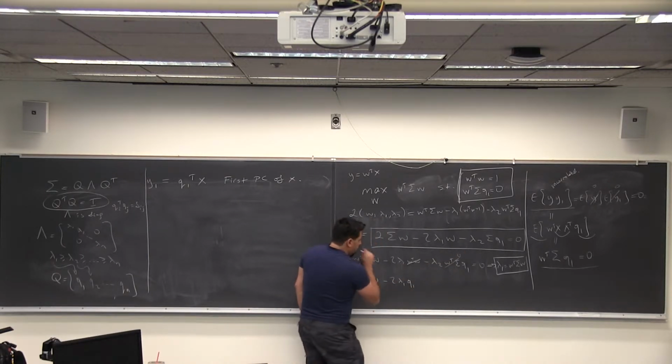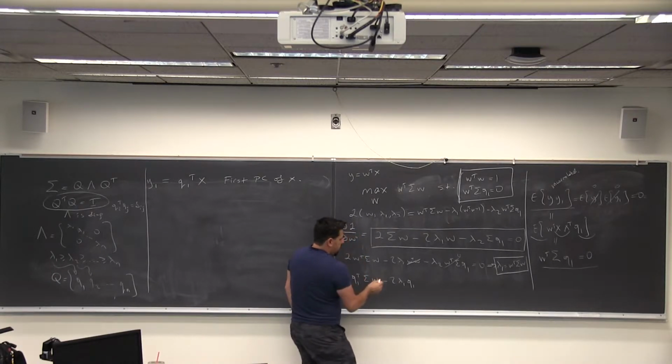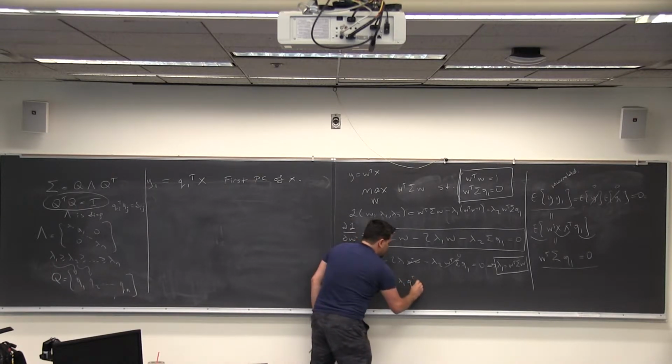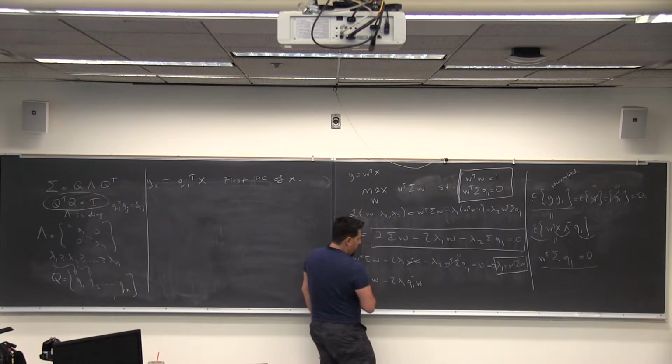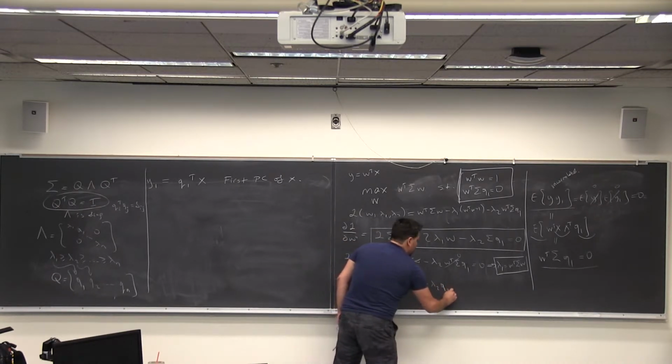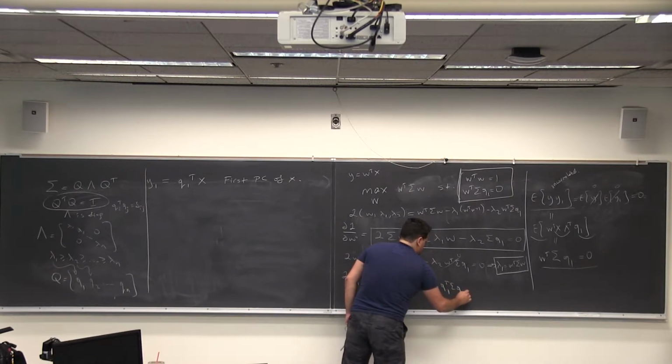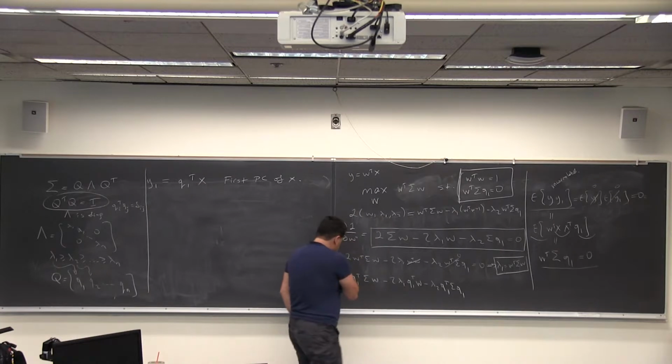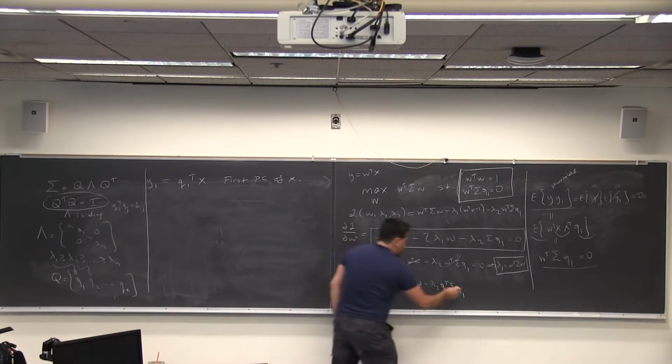Let's just write this and then simplify: minus lambda 2 Q1 transpose sigma Q1. So this should be 0.